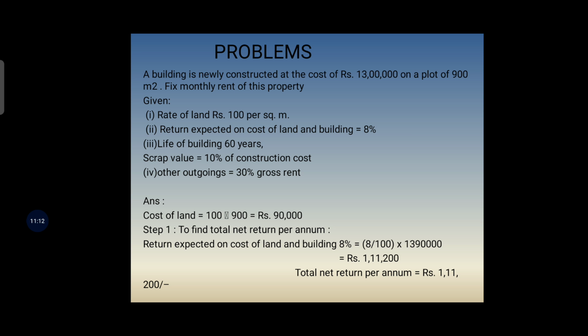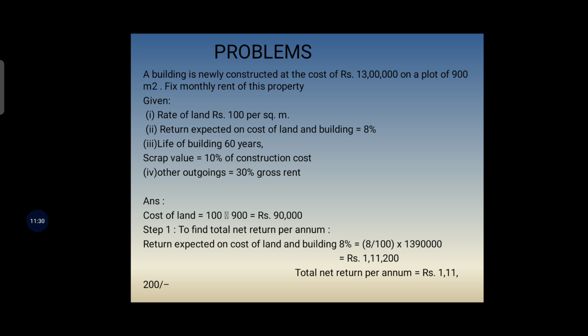So how do we calculate? The first one is the cost of land, so we calculate the rate of land into the plot, that is 100 into 900, that is 90,000. Then the first step is to find the total net return per annum.